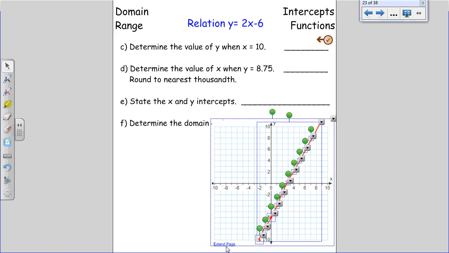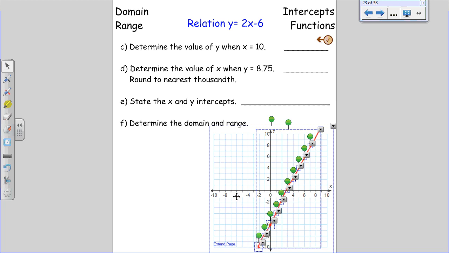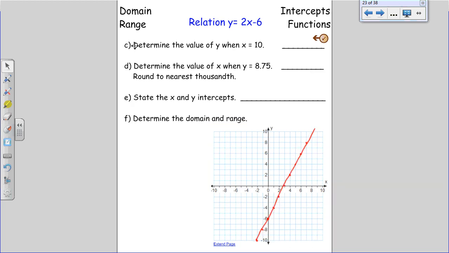So there's my beautiful graph. Here's a bunch of questions for it. Now you could do these questions by hand, like you have that ability. This is what we've practiced up until this point. Or you can answer these questions using your calculator. Today we're going to try using our calculator.